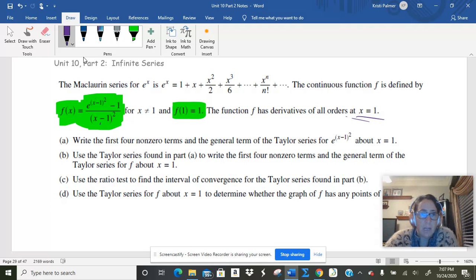A, write the first 4 non-zero terms and the general term for this. Well, that's not too bad. That says, start with e, which they already gave us. And then everywhere I see an x, I'm going to plug in this right here. So let's do that.